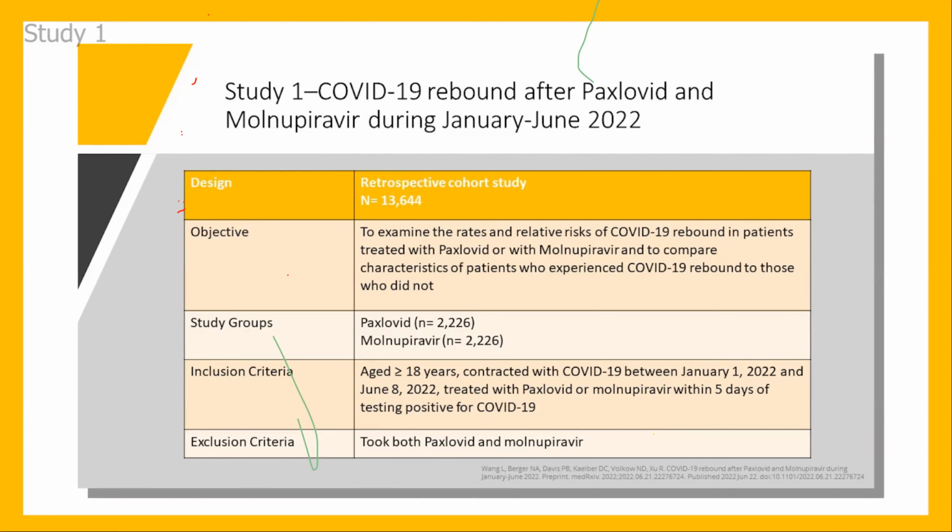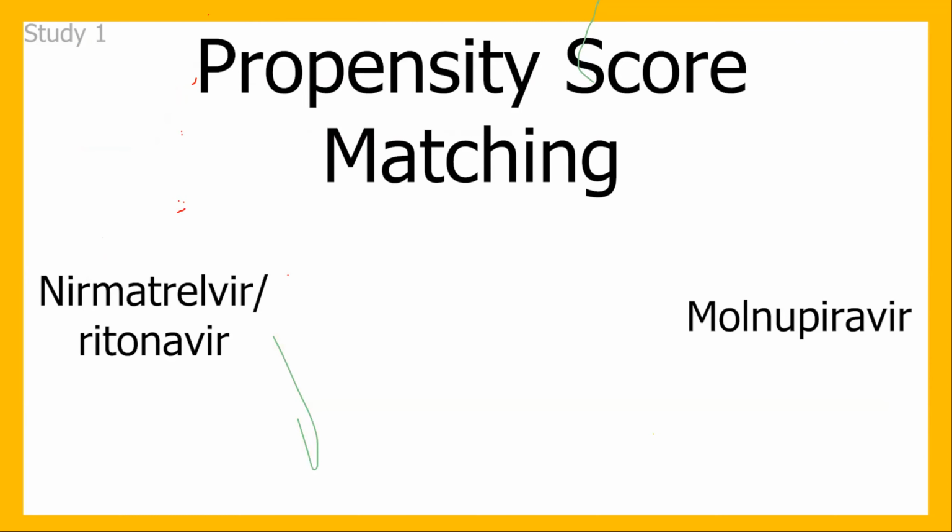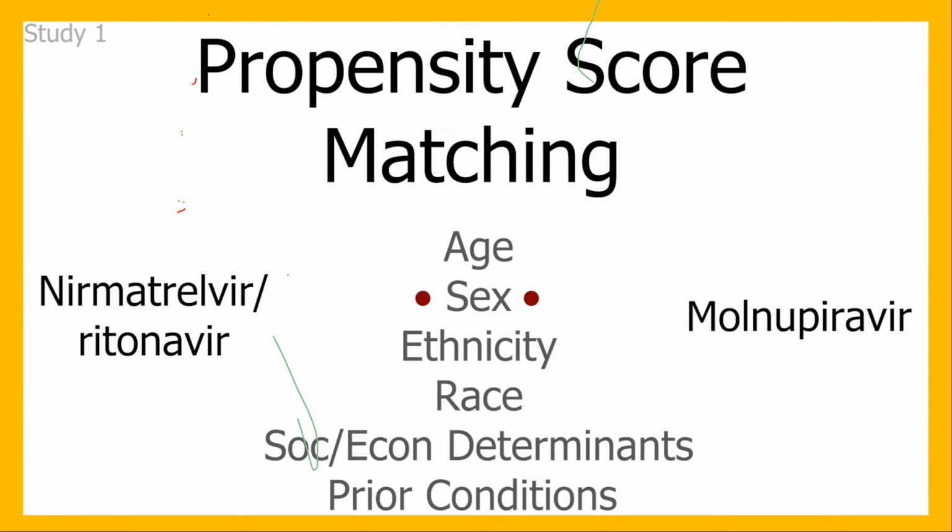Those who took both nirmatrelvir, ritonavir, and molnupiravir were excluded from the study. To reduce the risk of biasing results, patients were matched based on several characteristics available in the database: age, sex, ethnicity, race, socioeconomic determinants of health, and pre-existing conditions such as type 2 diabetes mellitus.